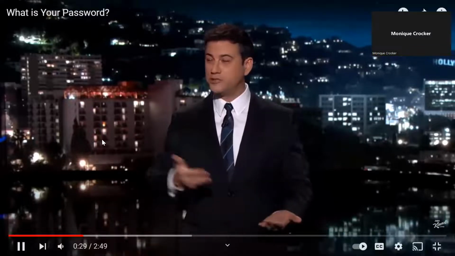It's great that the government is working on this, but the truth of the matter is we need to do a better job of protecting ourselves. The most popular password in the United States is password 123. And as long as that's the case, we're vulnerable. So today we sent a camera out on Hollywood Boulevard to help people by asking them to tell us their password. And this is how that went.